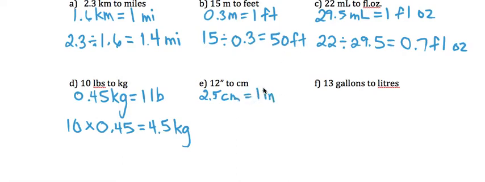Now you can refer to inches using IN, or you can use the quotation marks, whichever you prefer. I'm going to accept both on a quiz, a test, or even an assignment. So I'm starting with 12 inches, and I'm multiplying because I'm going from imperial to metric, and I'm multiplying by my 2.5.